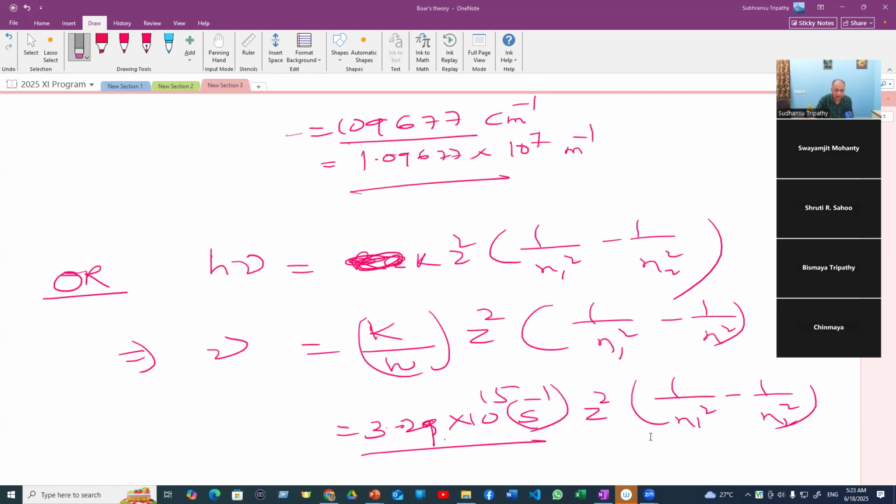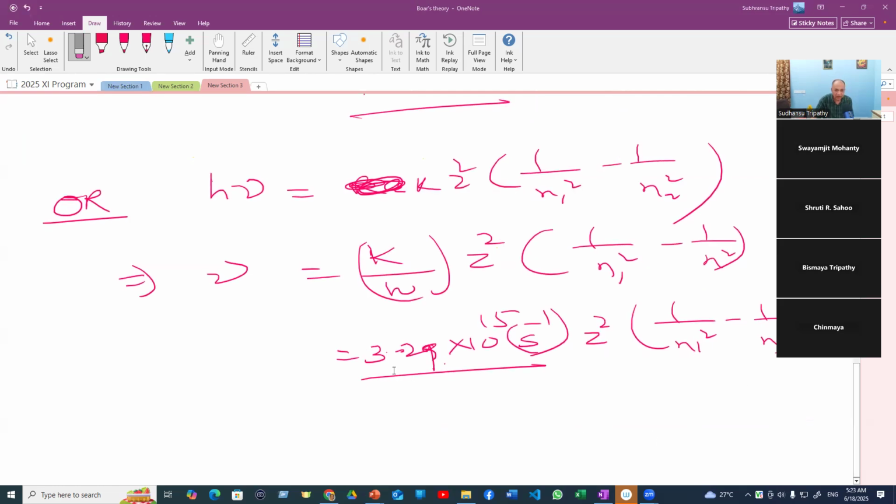And in fact, this value was determined empirically, that is, with experiment. In the Balmer series, they found this constant while matching to their first line, second line, third line, fourth line; at least 4 lines are visible.